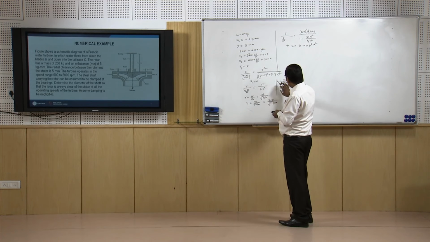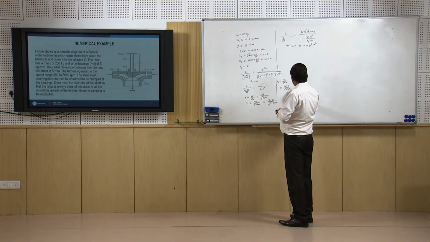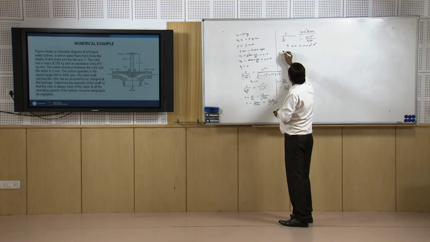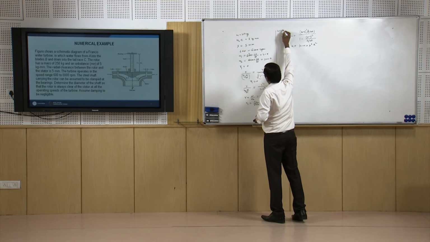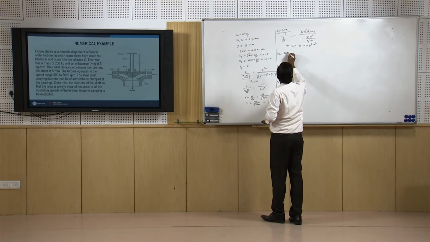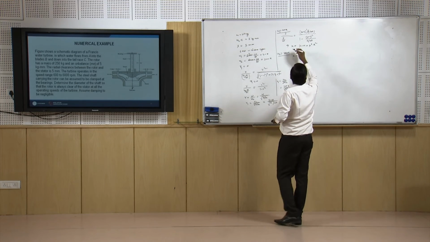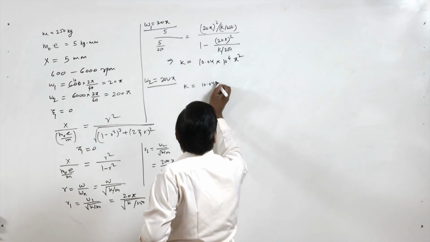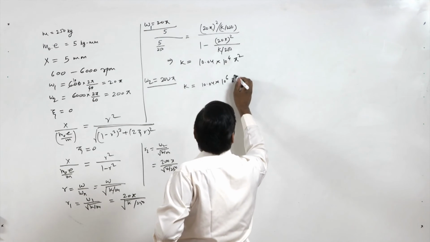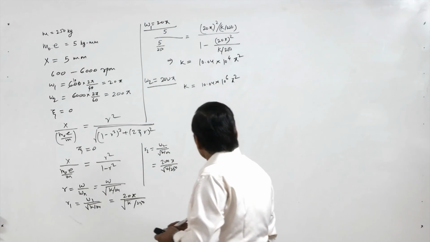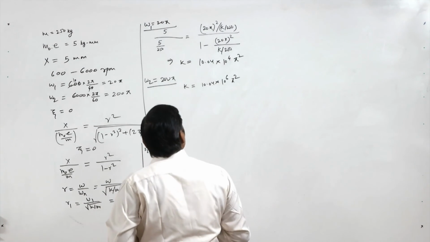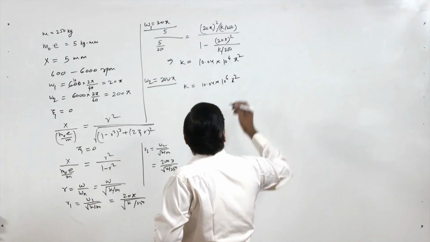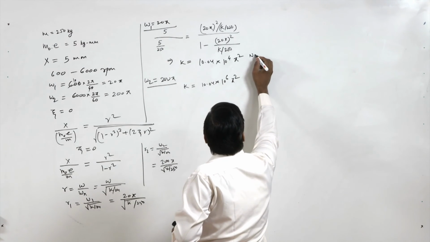Now we take the r2 and here m is 250, and so this is for omega equal to 20 pi, that is omega 1, and here omega 2 equal to 200 pi. So we get k. If we solve this equation for r2, we get k equal to 10.04 into 10 power 6 pi square in MKS unit. Okay. So here it is Newton per meter.